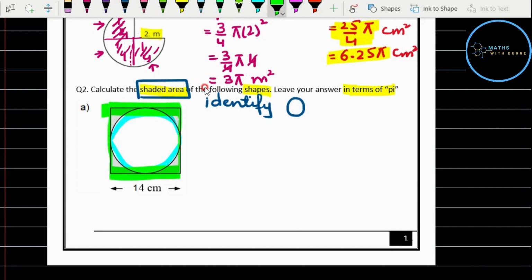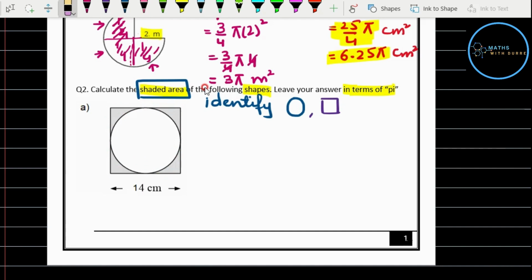Yes, square is also given. Always remember, you have to identify the shapes. How many shapes are drawn in the question statement? That is important. There are 2 shapes.